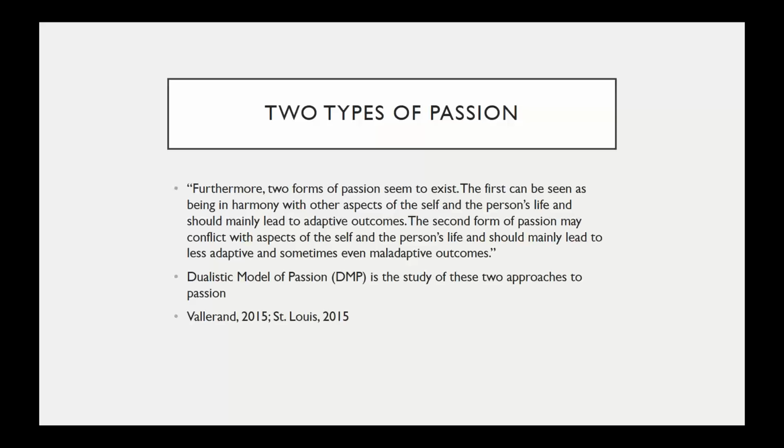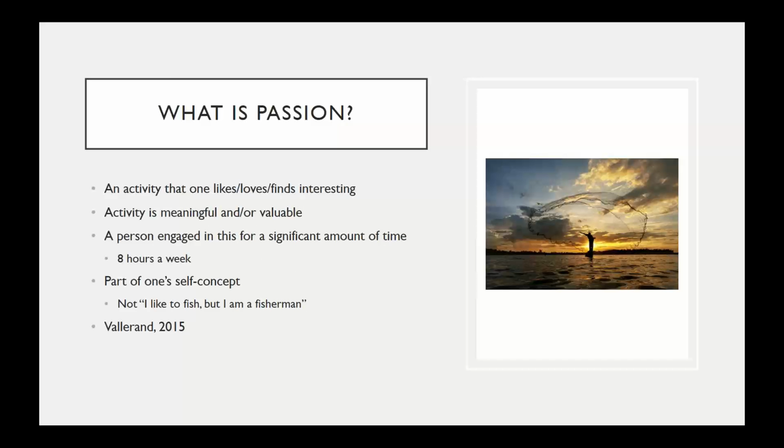The second form of passion may lead to more conflicts, not only with yourself but with others and other goals and aspects of your life. When someone approaches their passions obsessively, there are less adaptive and sometimes even maladaptive outcomes. So the dualistic model of passion looks at the research between the two forms of passion, harmonious and obsessive.